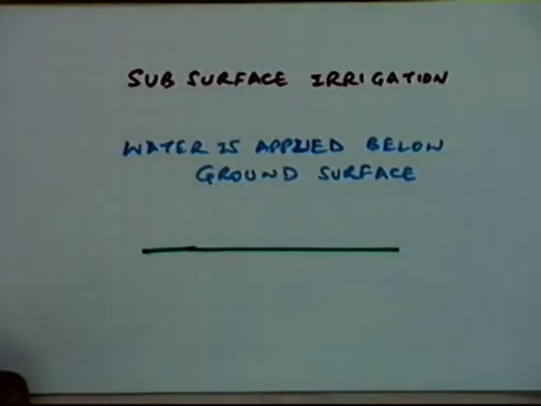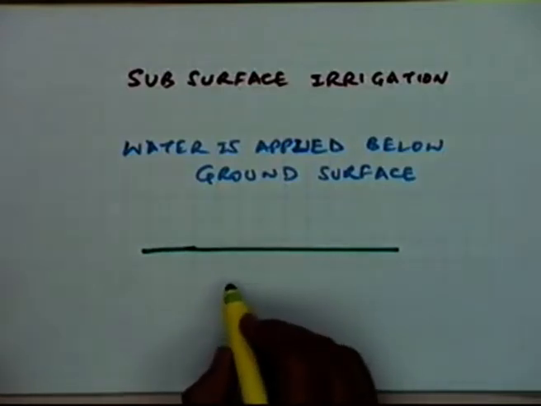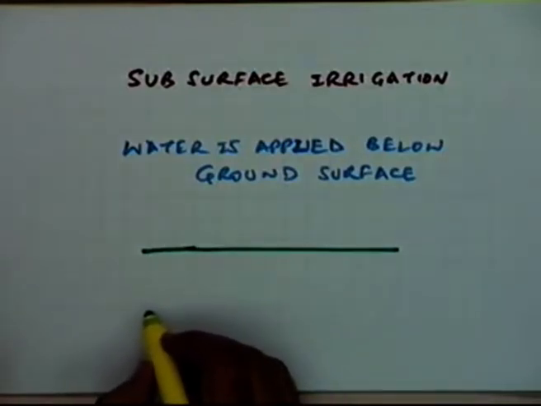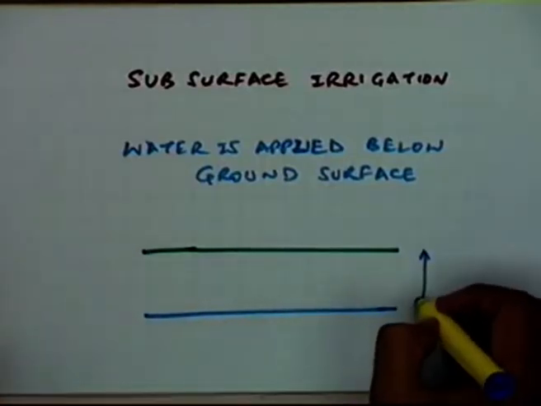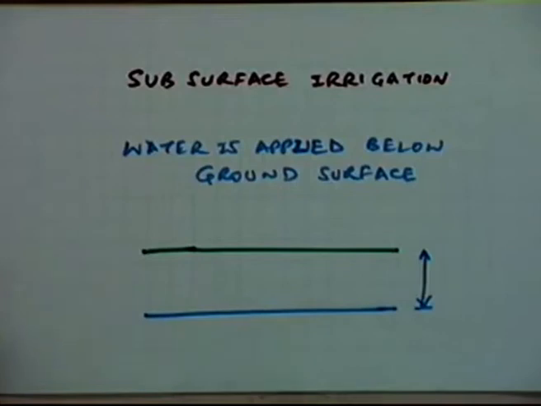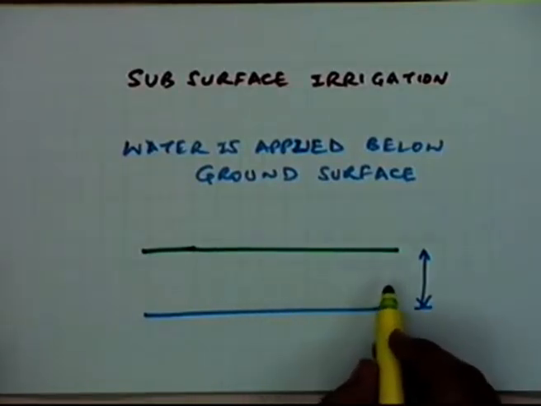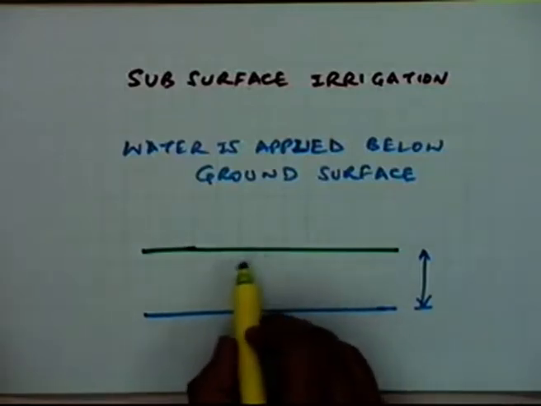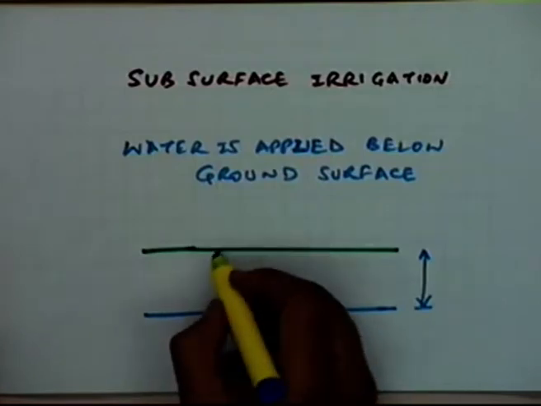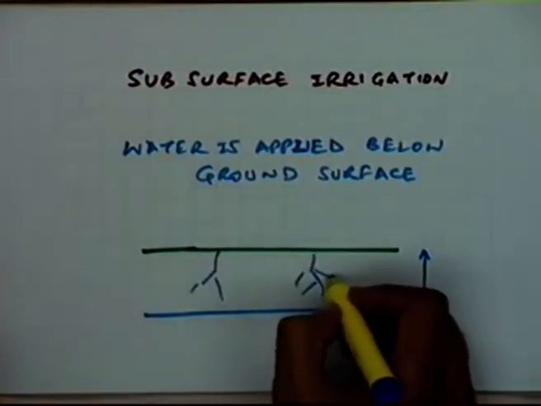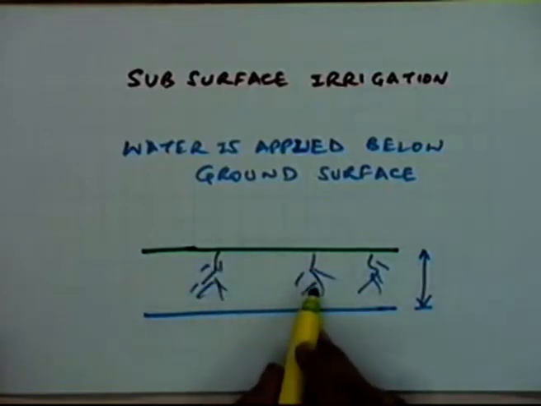Now, if you want to make the water, because the root zone depth we know, this is the root zone depth in which we are interested in. We want to supply moisture to the root zone depth, this area, because the plant root system is in this area, and because of that fact, this needs moisture.